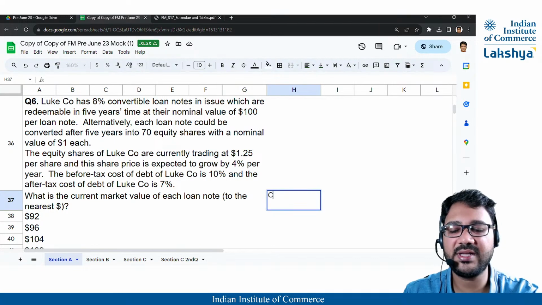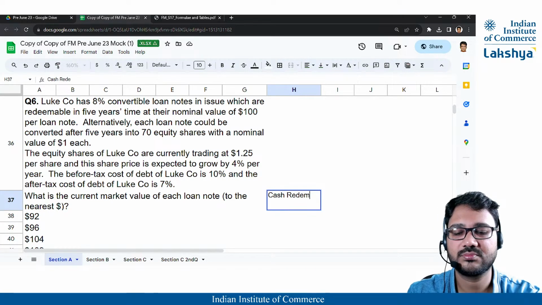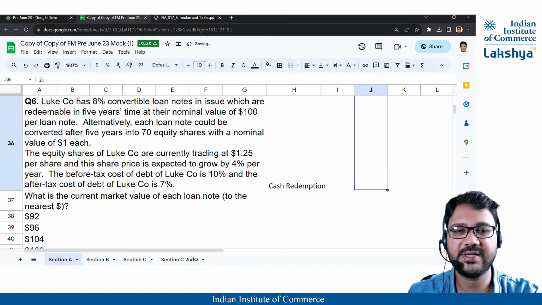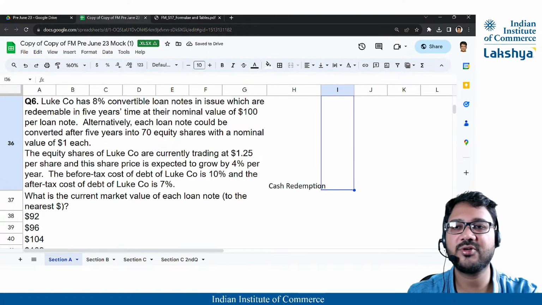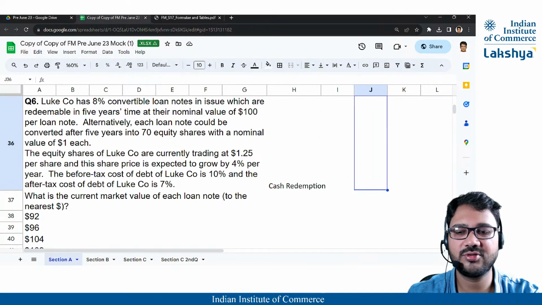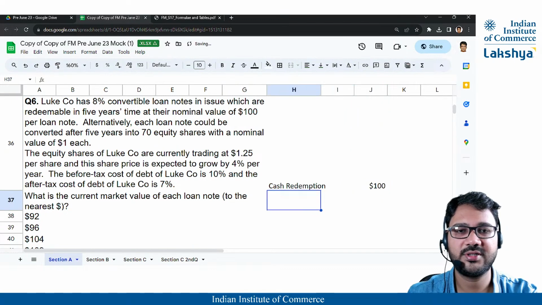If they take cash, how much are they going to get? Redemption is at nominal value, and nominal value is $100. So they will get $100.